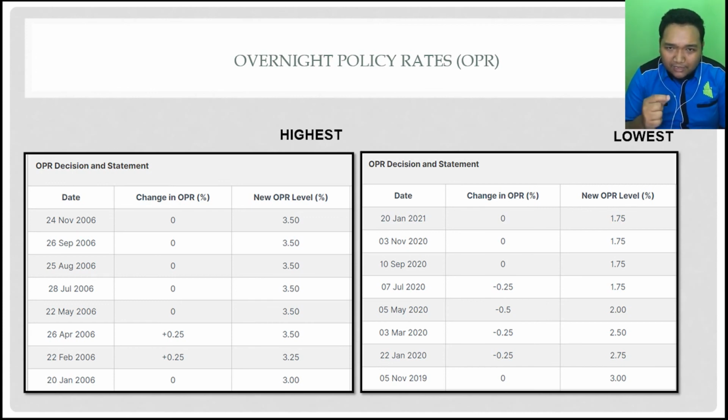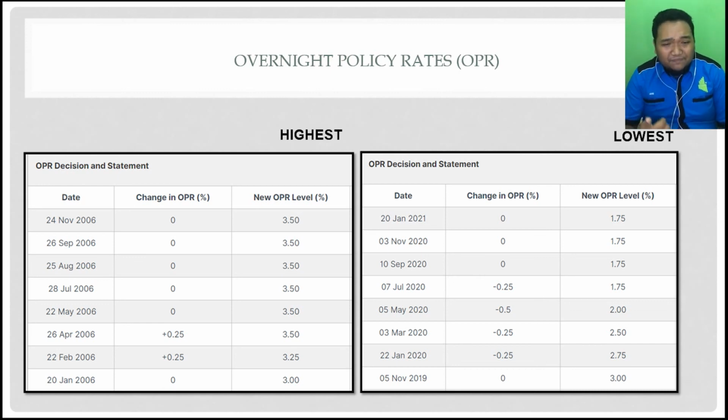Lower interest rates allow consumers and businesses to have access to money at a lower borrowing cost, hence incentivizing them to increase spending and investment. This will lead to an increase in economic growth to an optimum level.